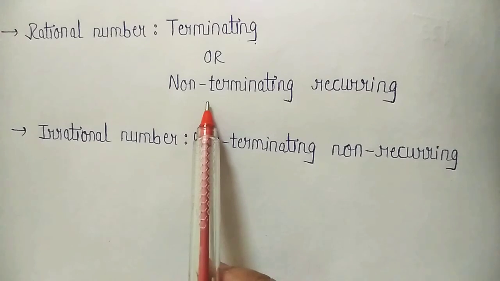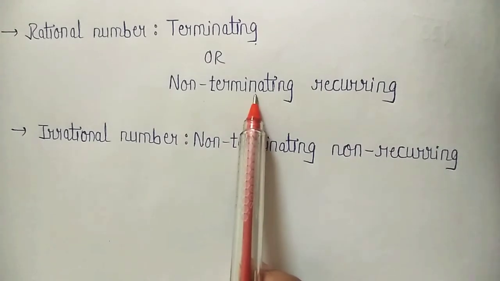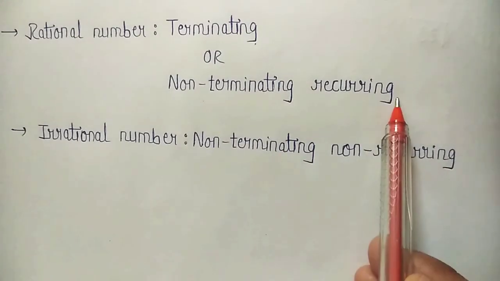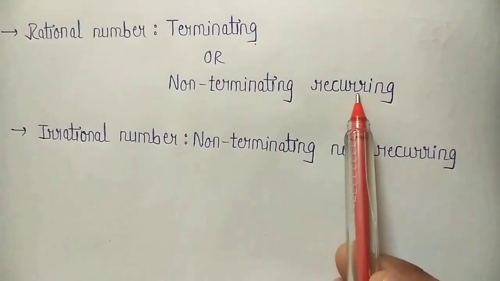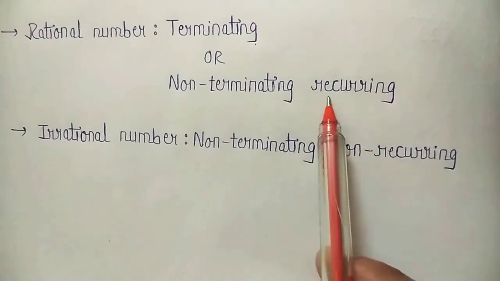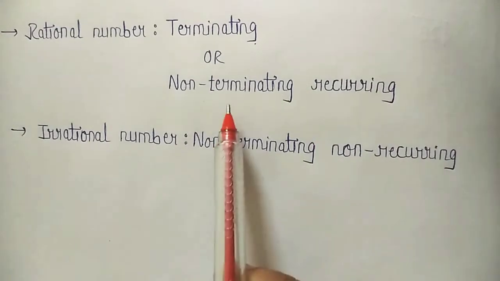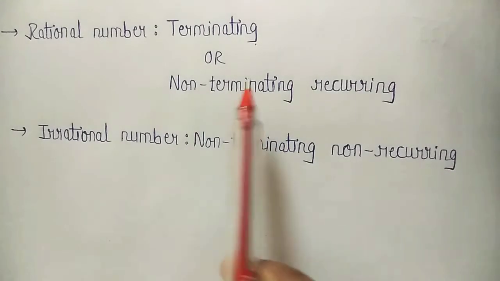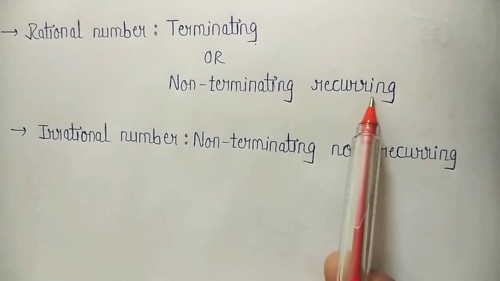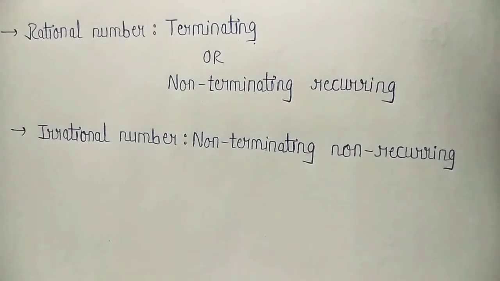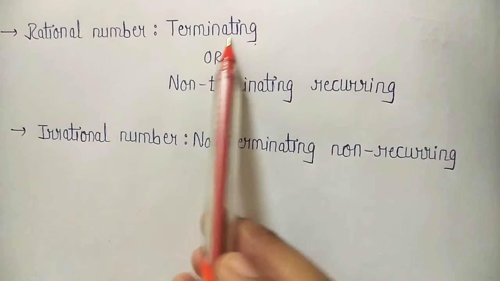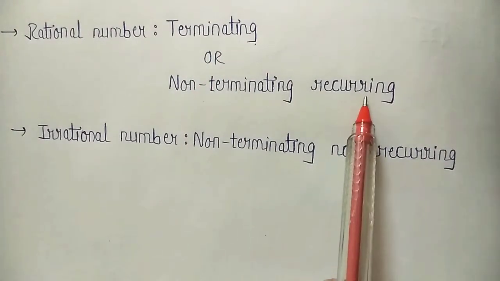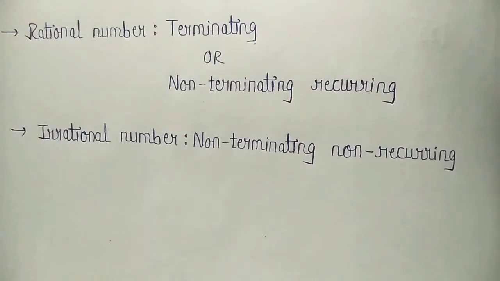The decimal expansion is not terminating, it is not ending, it is continuous and recurring, which means the digits are repeating digits. Recurring means repeating. So if the decimal expansion is continuous and the digits are repeating, then it is said as non-terminating recurring. So if we have decimal expansion either terminating or non-terminating recurring, then it will be said as a rational number.